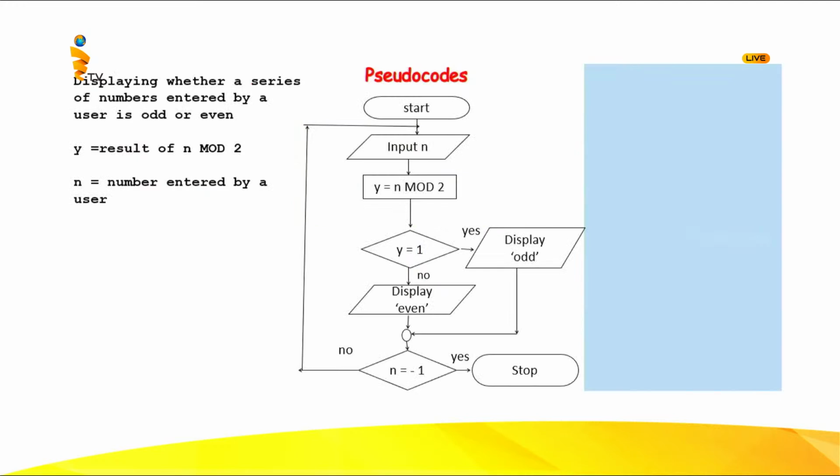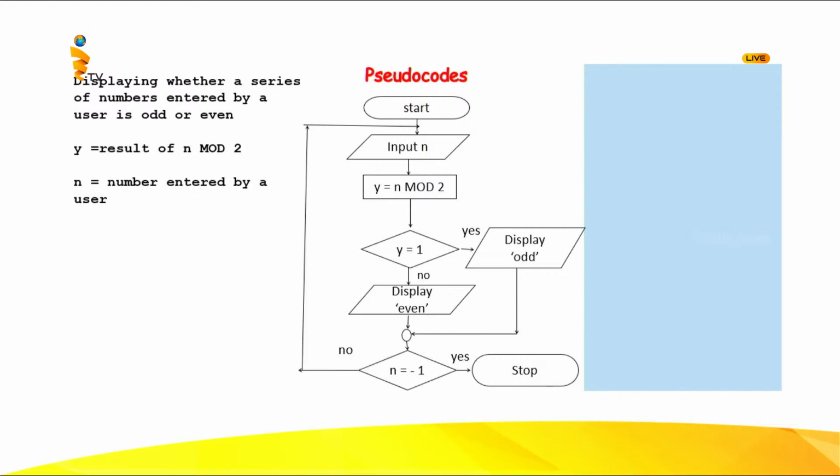Look at the example given. Here the flowchart is displayed. Here a user enters a series of numbers and we have to display whether the entered numbers are odd or even. The program has to say whether the entered number is odd or even.